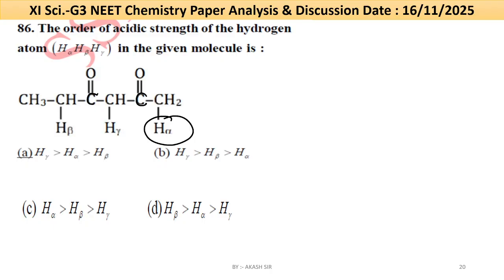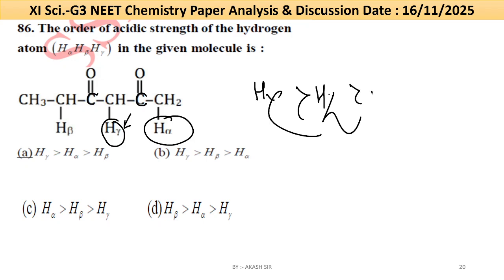Now gamma is between the two carbonyls. The gamma hydrogen is present between the two carbonyls, making its conjugate base more stable due to resonance with the carbonyls. So gamma hydrogens are more acidic than alpha and then beta. So your answer will be option number 1.